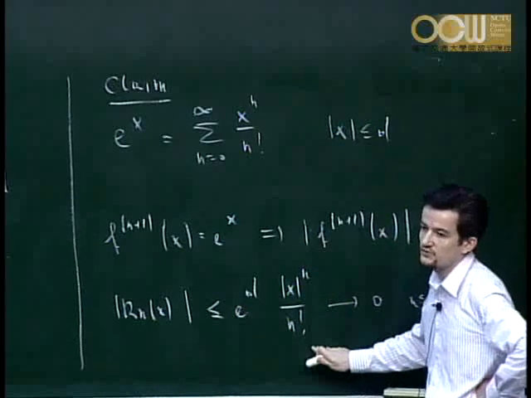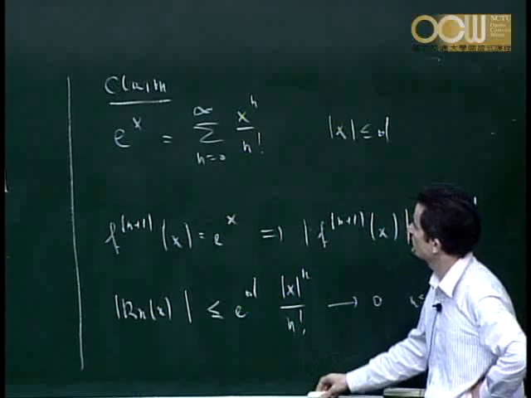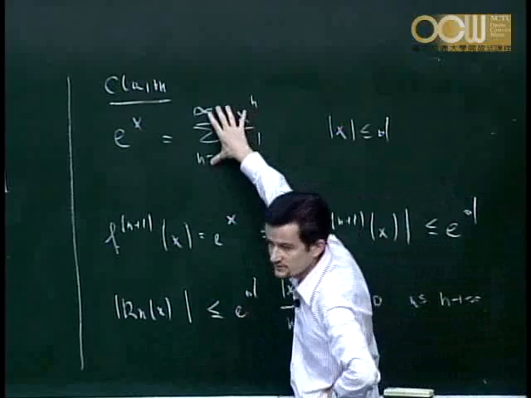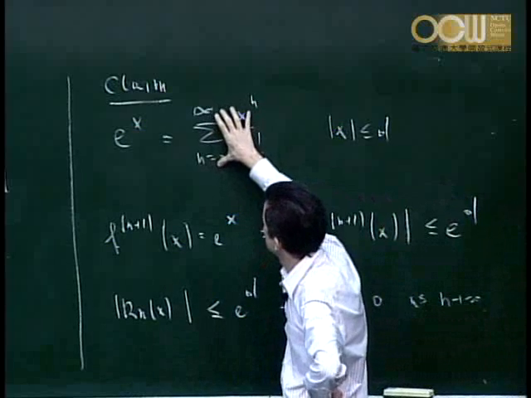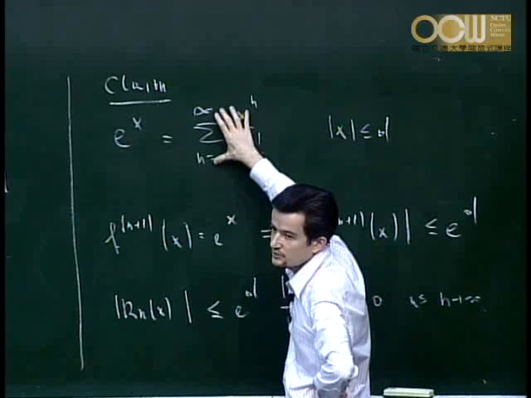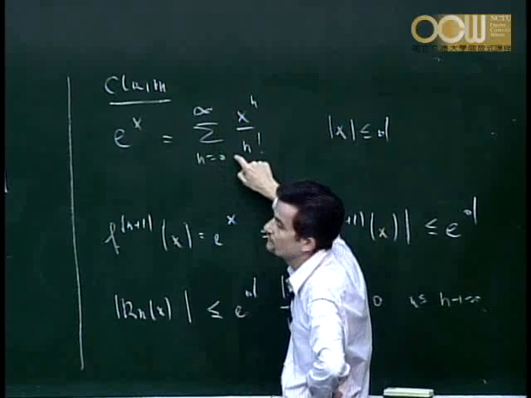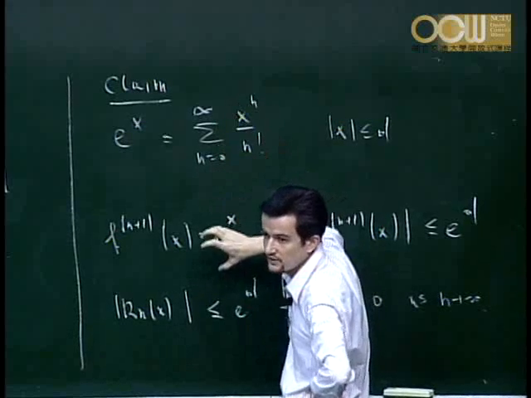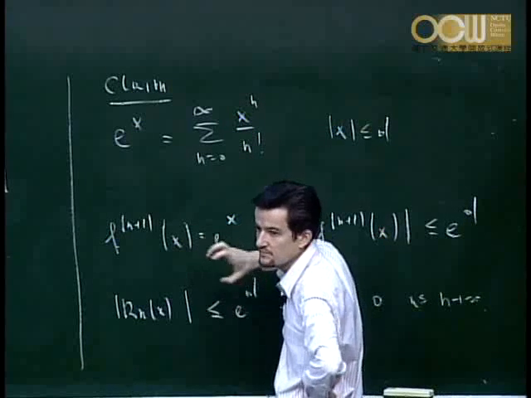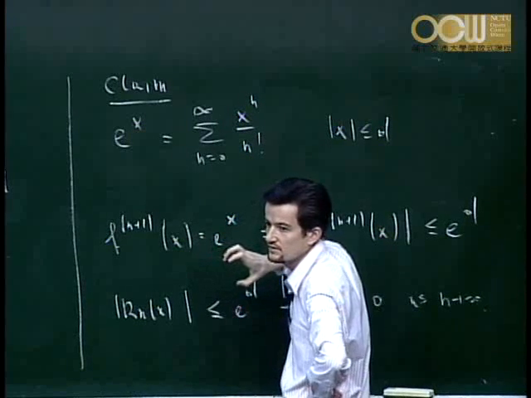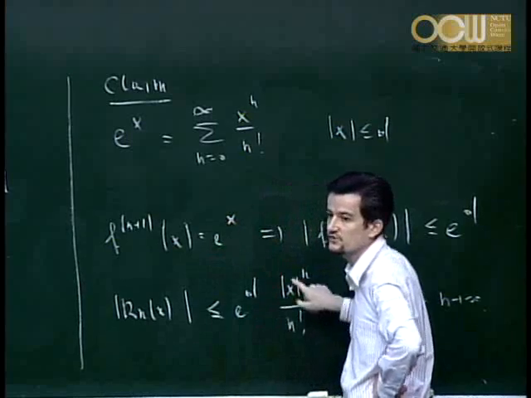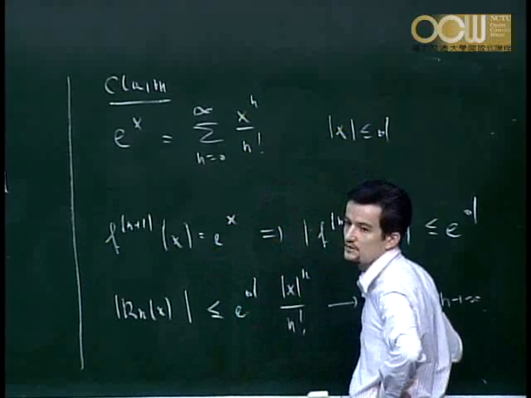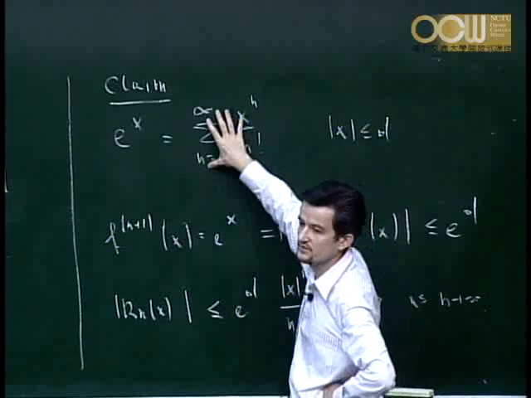The easiest way to see this is by pointing out that we have proved that the radius of convergence of this series is infinity. So this series converges for all x. But this means that the terms have to tend to 0 as n tends to infinity, and the same for the absolute value of the terms. So actually, that this tends to 0 as n tends to infinity follows already from the convergence of this series here.